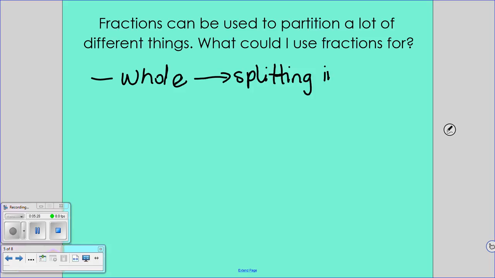Please write this down in your notebook. Alright? So if I had a whole pizza, or a whole cake, or a whole tray of brownies, kudos to you if you can eat all that, but most of us can partition it into smaller pieces, or split it into smaller pieces. That was where we used fractions.